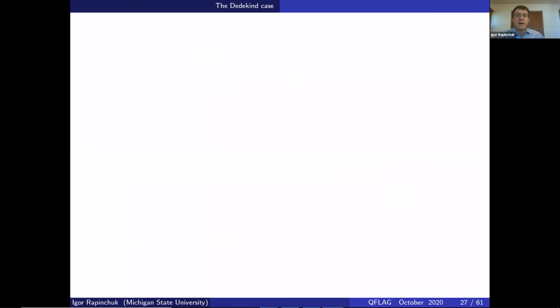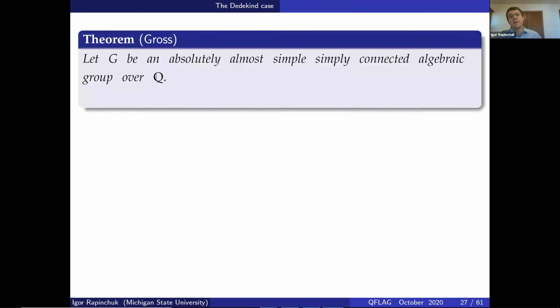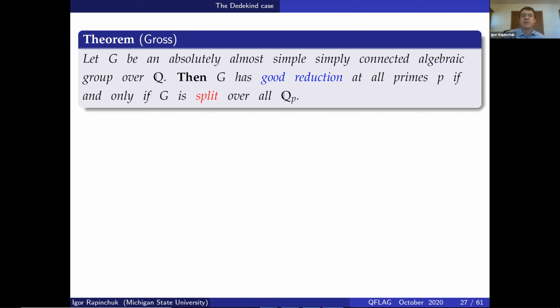Okay, so let me first talk about groups over number fields. An important observation in Gross's paper is that if G is an absolutely almost simple simply connected algebraic group over Q, then G has good reduction at all primes p if and only if G is split over all Q_p.